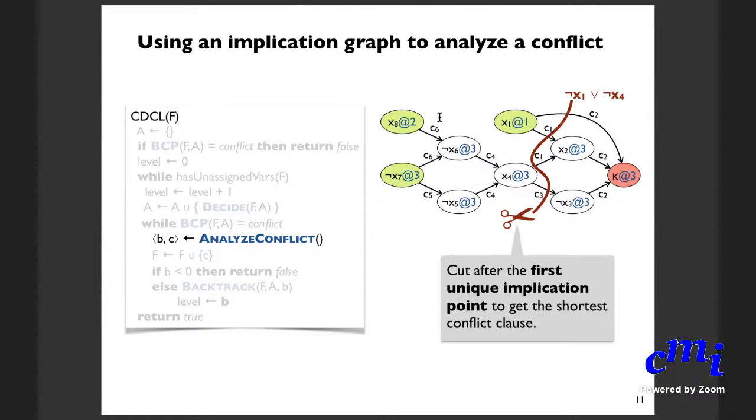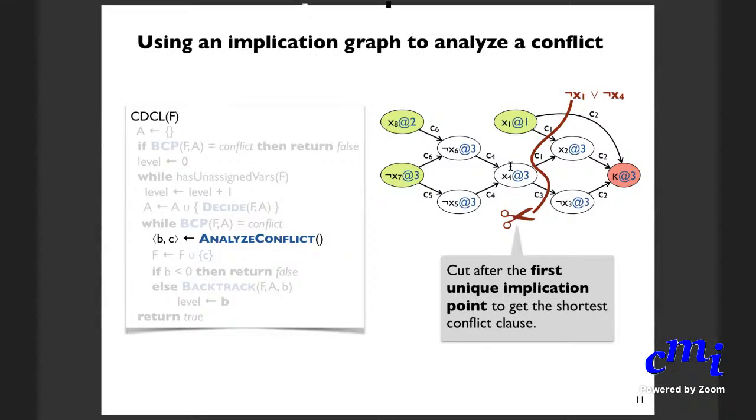Yeah, so the SAT solvers use different things. One strategy is it may add all conflict clauses that contain unique implication points. Earlier SAT solvers added all conflict clauses before they realized that it was very soon overwhelming, and a lot of those clauses never get used.